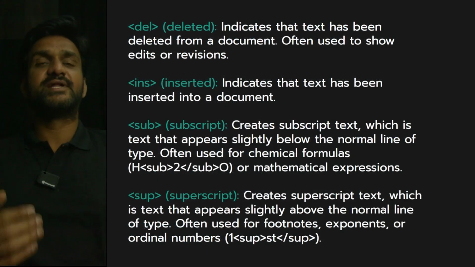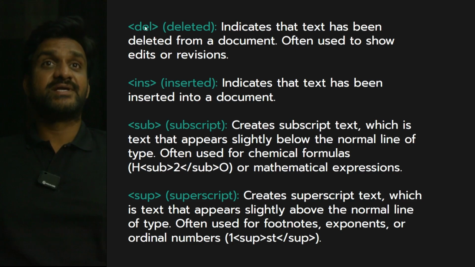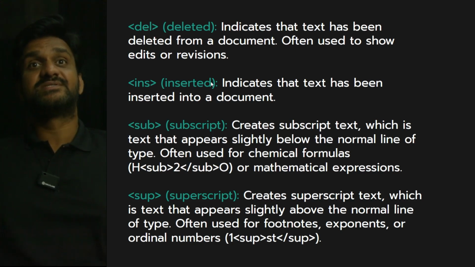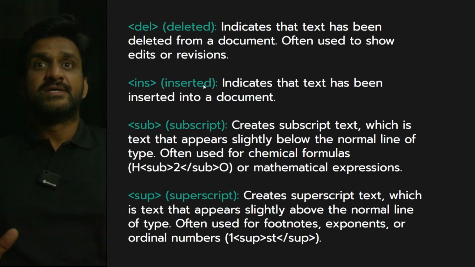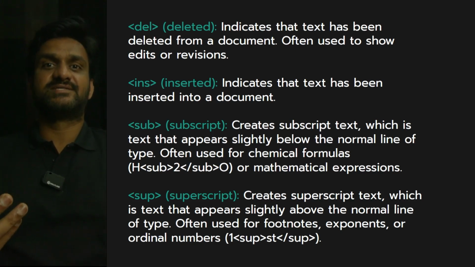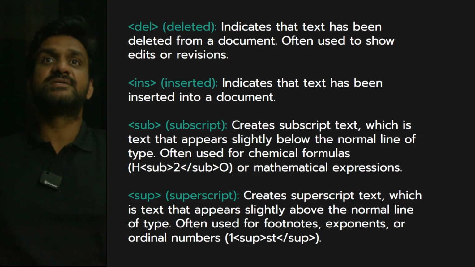Next, on to the next elements: del and ins. Del means deleted, ins means inserted, and these two elements are used simultaneously. What is the use of these elements? Del indicates that text has been deleted from the document, often used to show edits or revisions.